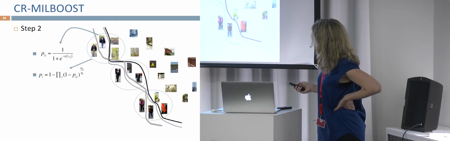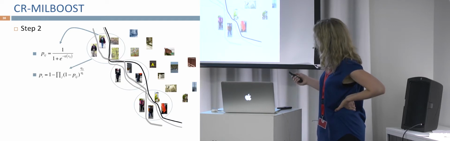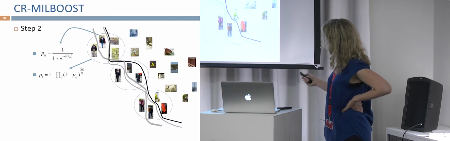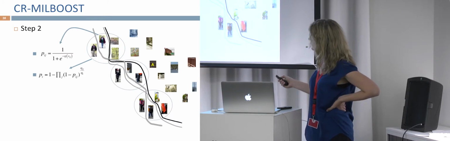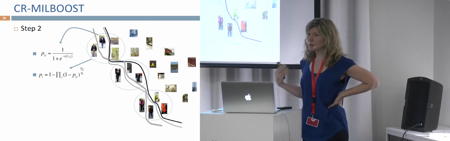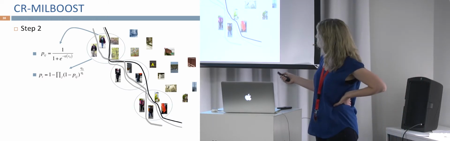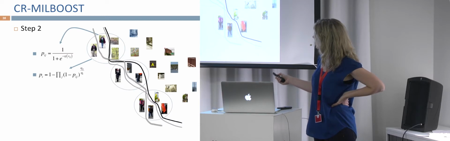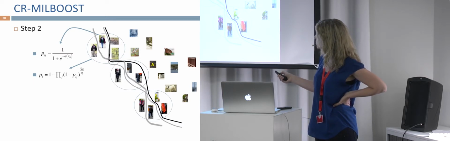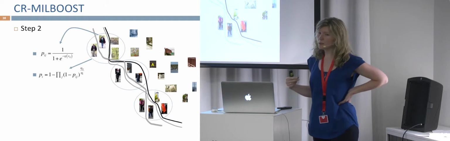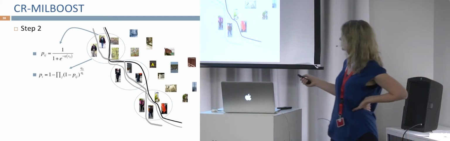Okay, so now in the second step, we're going to retrain our committee, but using a modified loss function. The modification is just to add this exponent to our original probability that the bag is positive. So now, if the bag is possibly a negative bag, even though it's classified positive, it's going to have a lower probability because of this additional term.